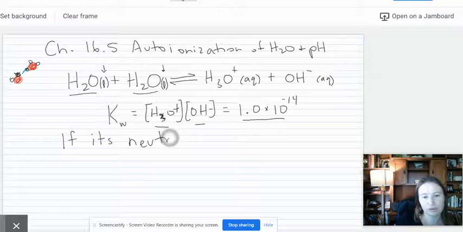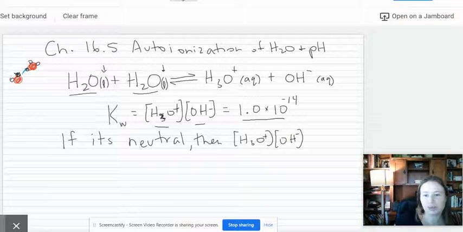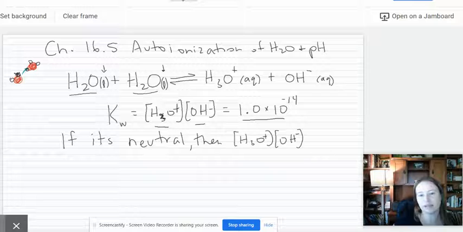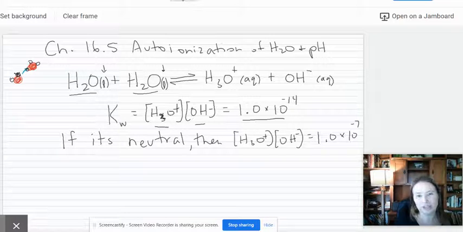If it's neutral, then H3O plus equals OH minus, and it would be the square root of my Kw. It's like calling this X times X, and if you solve for it, you would take the square root. The square root of this is 1 times 10 to the negative 7th. So that's a neutral water sample.